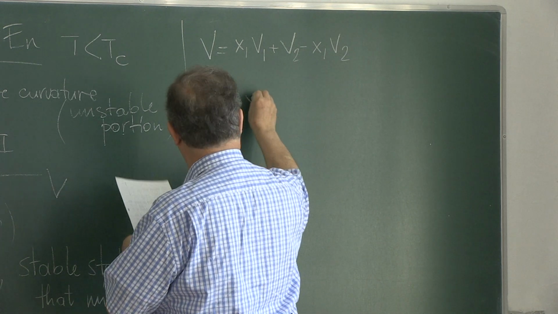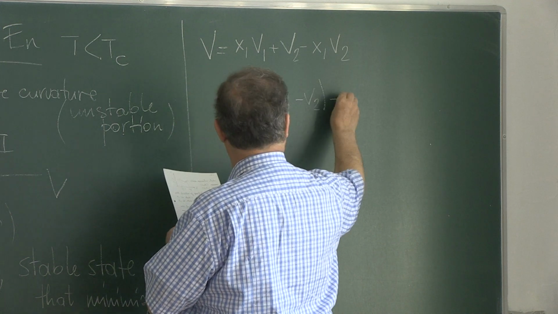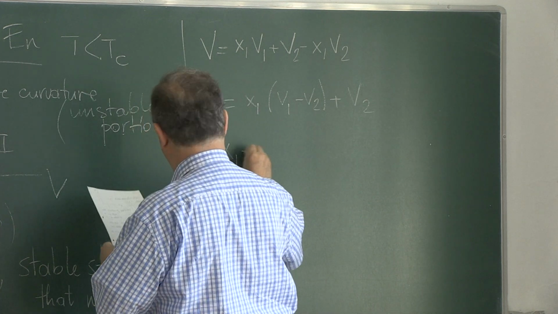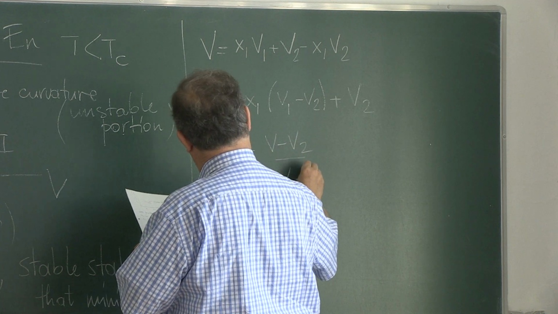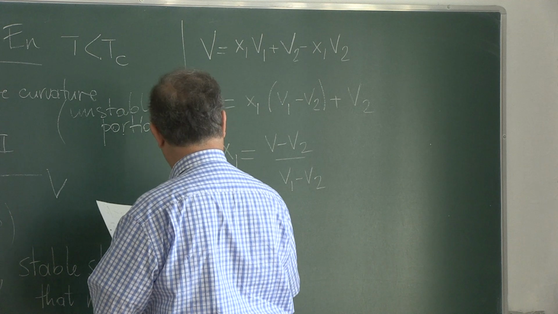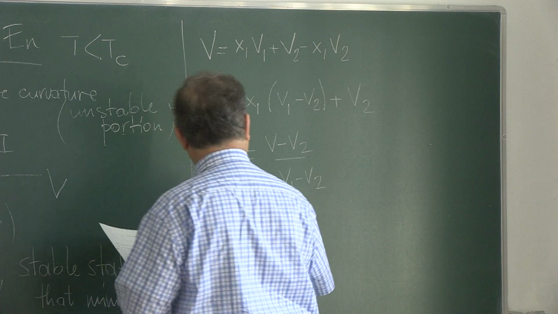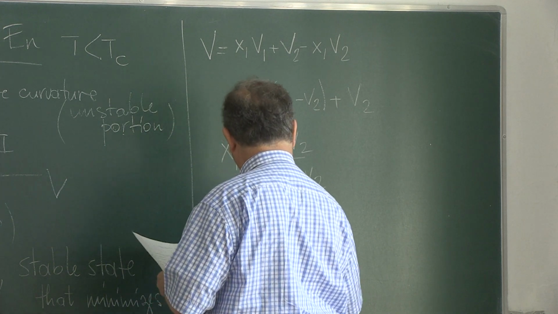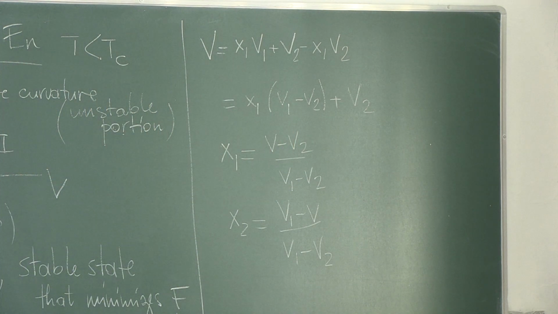So you can rewrite this as x1 times (v1 minus v2) plus v2. So x1 can be written as (v minus v2) over (v1 minus v2), and x2, 1 minus this, becomes (v1 minus v) over (v1 minus v2). If you add them together, you have to get 1. Okay, do that.